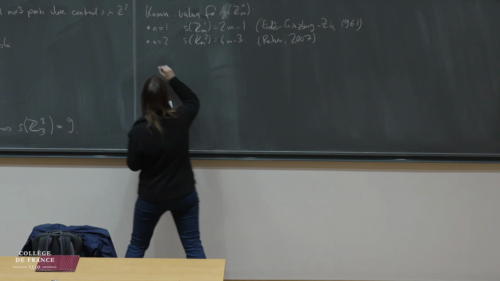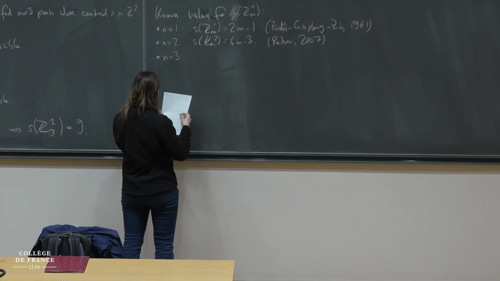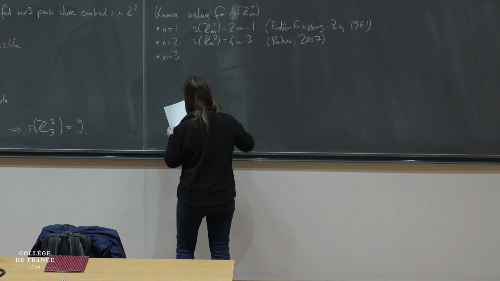And for n equals 3, the answer is not known yet, so even for n equals 3, it's still open, but it is known if m is of a particular form.